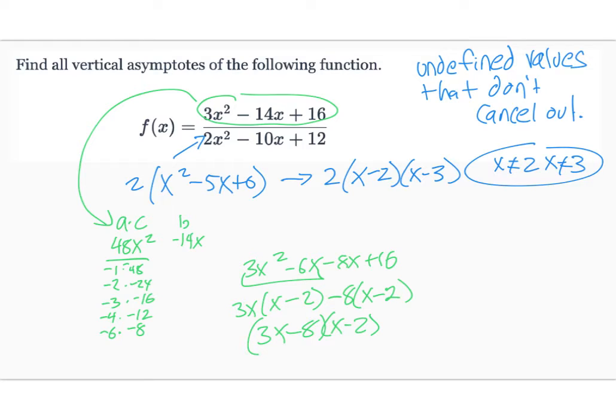Here's why we go through all of this trouble. We're going to build a fraction here. So f of x is going to be equal to, on top, 3x minus 8 times x minus 2. On the bottom, we've got 2 times x minus 2 times x minus 3.